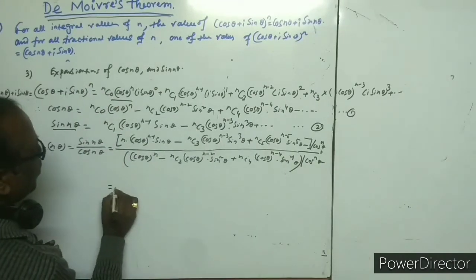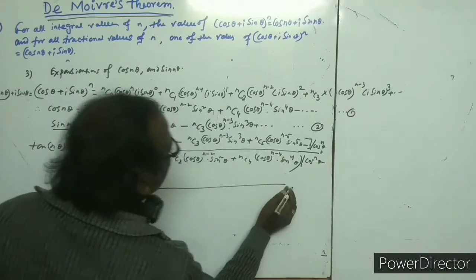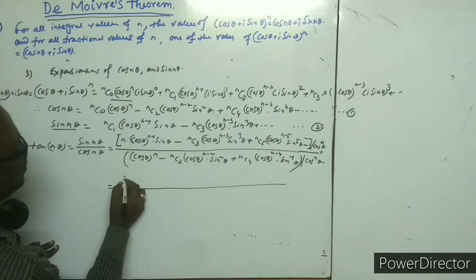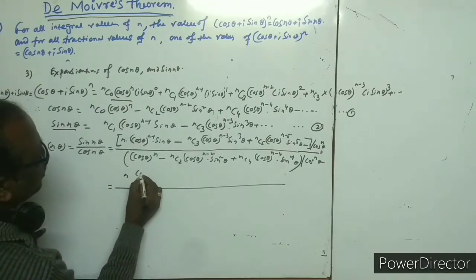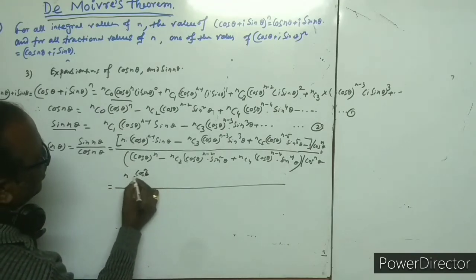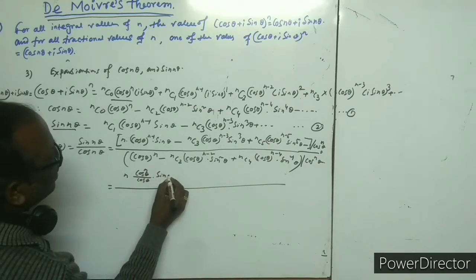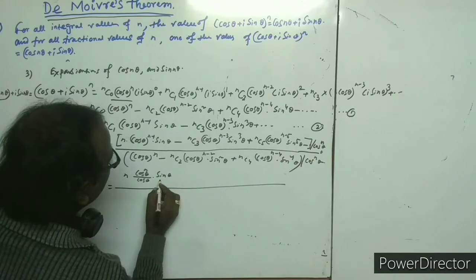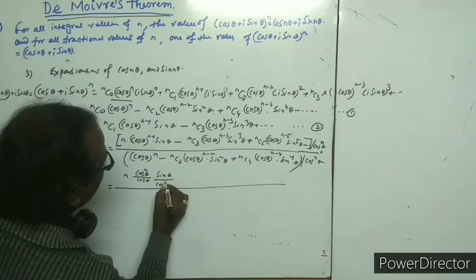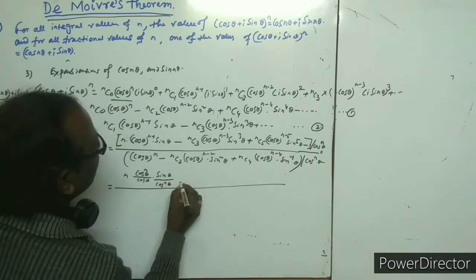So if we divide this, this is n, cos theta to the power n by cos theta, and this is sine theta, divided by cos theta to the power n.